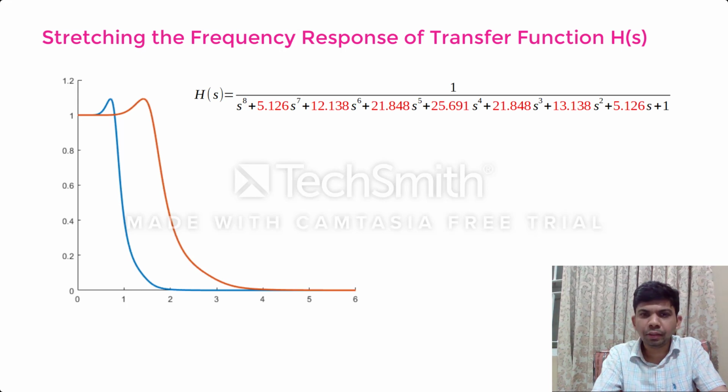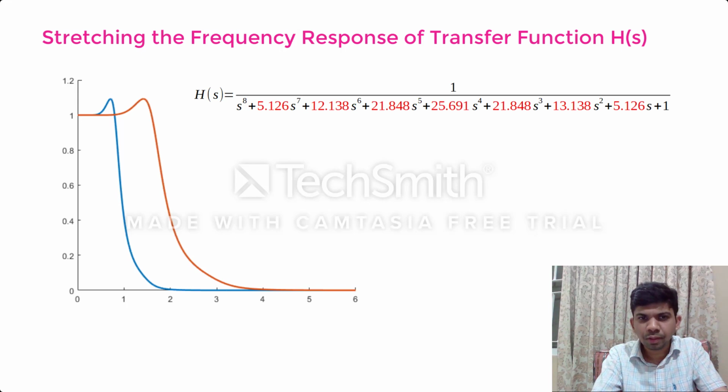The blue line shows the response for the original 8th order filter, and the red line is for the scaled filter. As you can see, the frequency at which the filter starts rolling off quickly is shifted from 1 to 2.